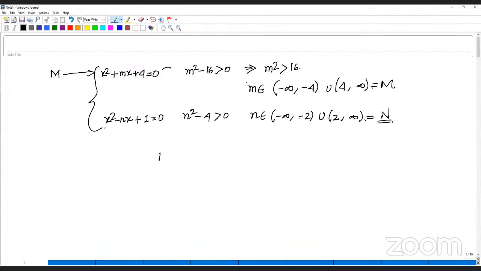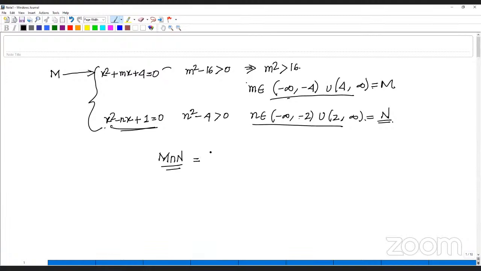In this part, the roots of this equation are distinct and real, right? Yes. So then the common part is here, minus 2 to minus 4 and 2 to 4, right?